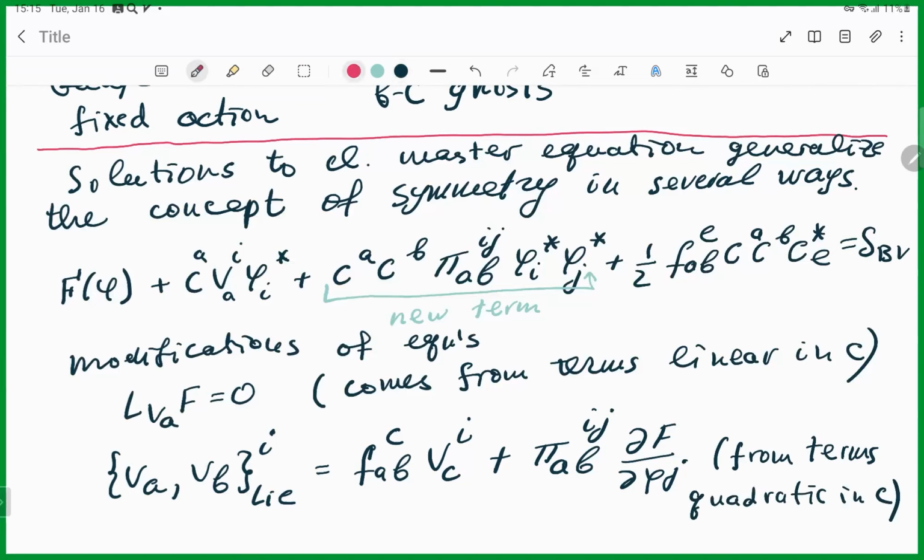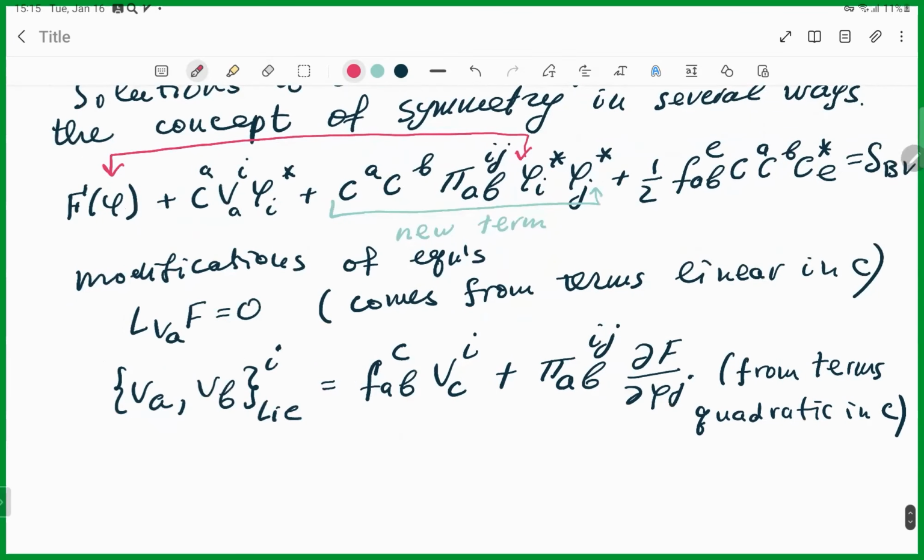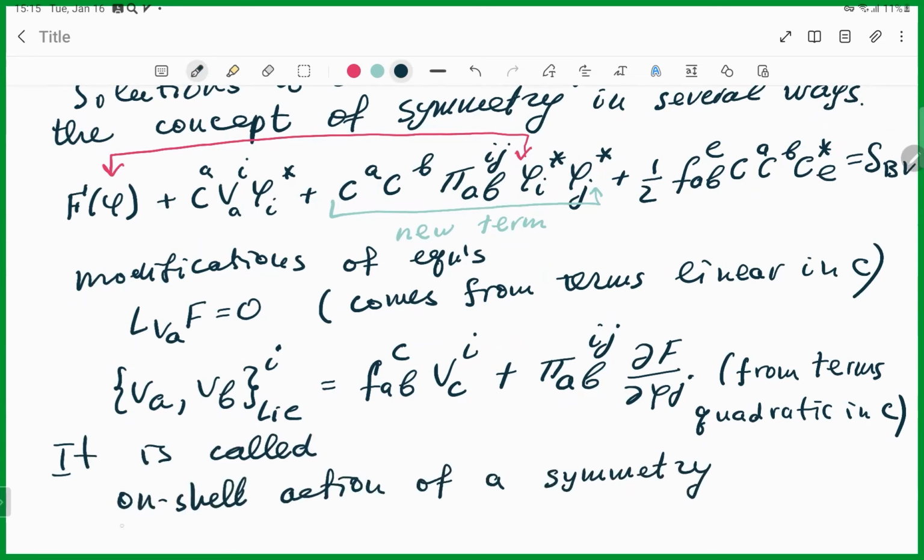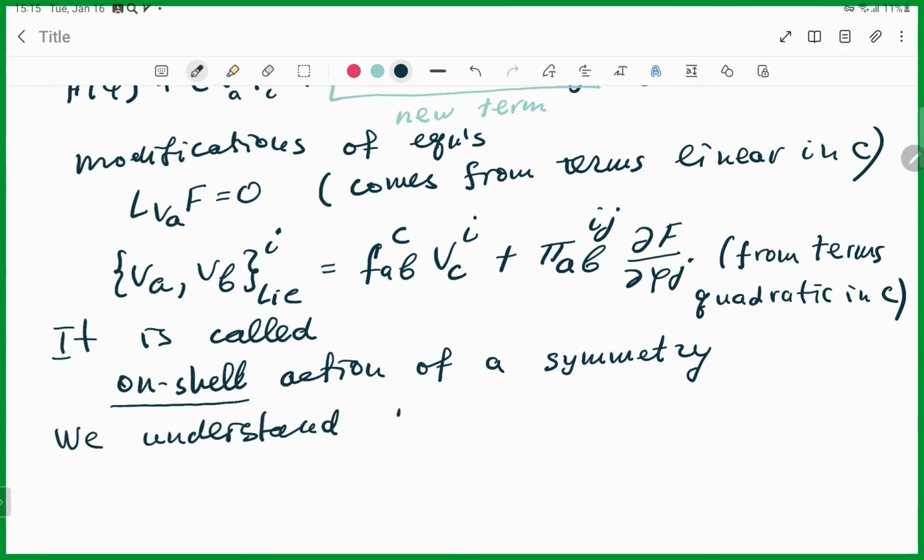I will get it from contraction of this type. Phi star from this pi term interacts with this f. And this is a new concept. It is called on-shell action of a symmetry. So what do we mean when we say on-shell? We understand S of phi as the action in classical field theory.